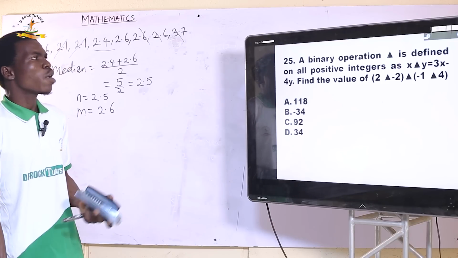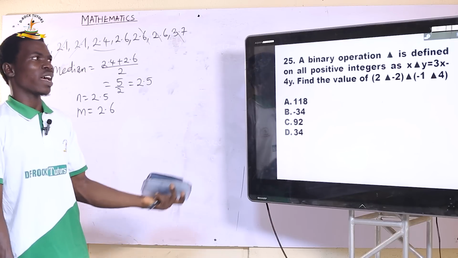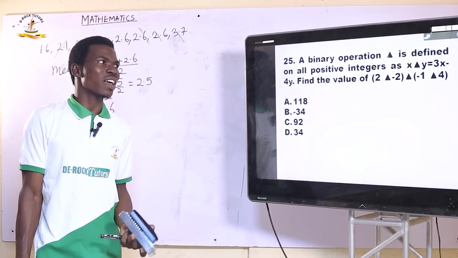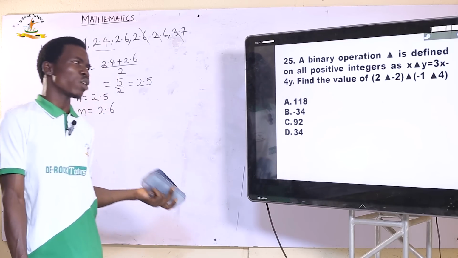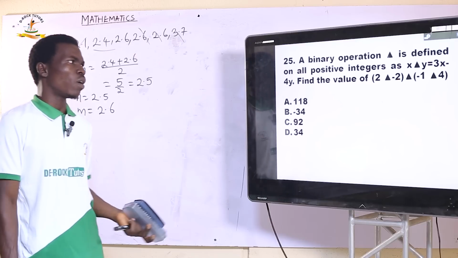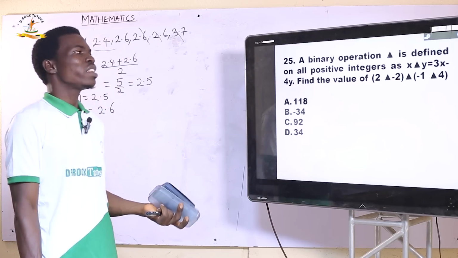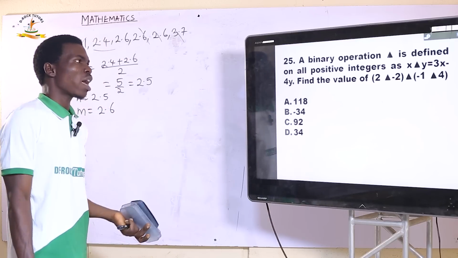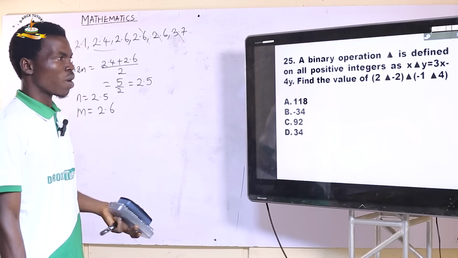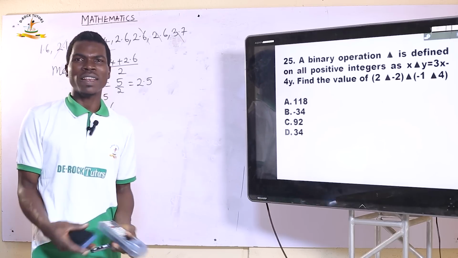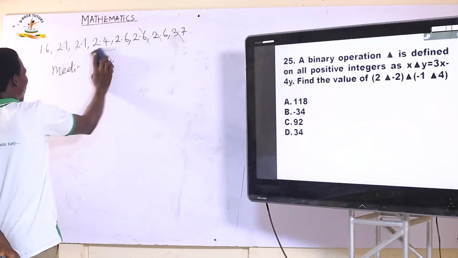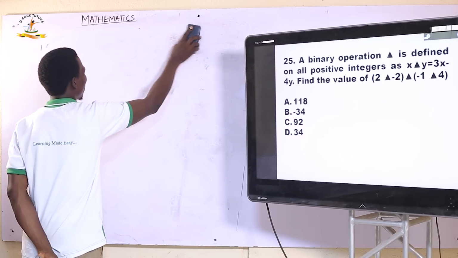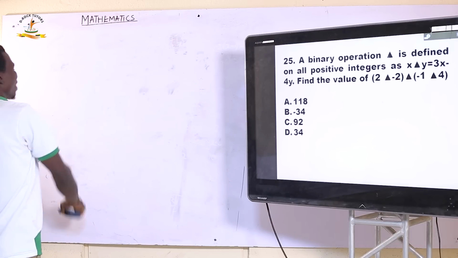Question 25. A binary operation delta is defined on all positive integers as x delta y is simply 3x minus 4y. Find the value of 2 delta minus 2, delta, minus 1 delta 4. This is a binary operation and it's one of the simplest things you can see in mathematics because it is direct substitution, however, it can be tricky.